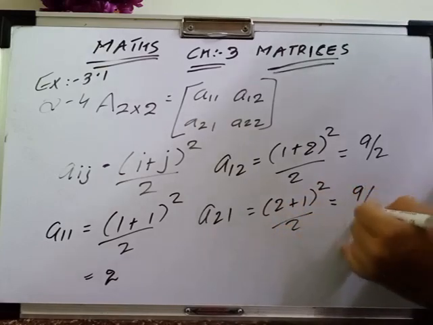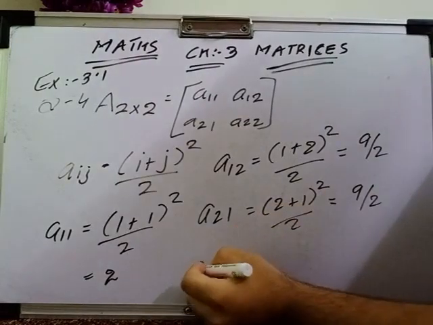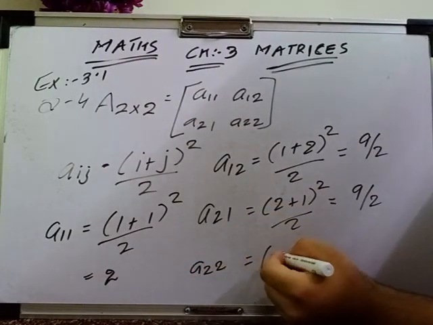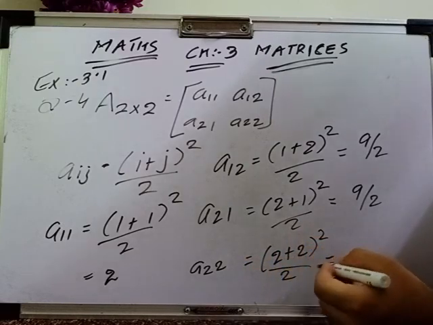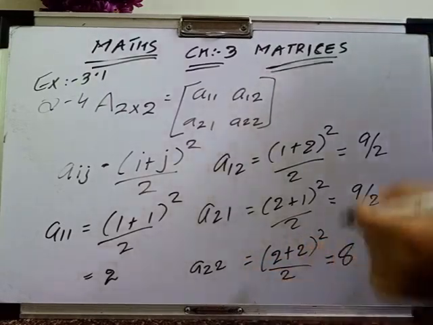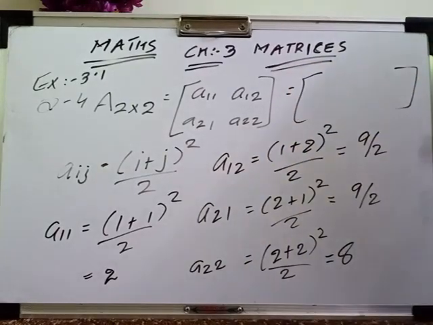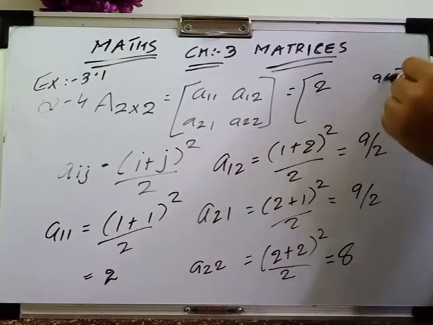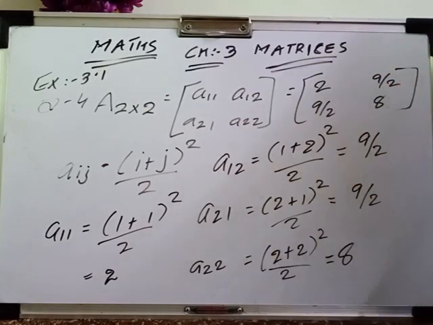I will again have 9 by 2. And A22: I will take i as 2, j as 2. So we have 2 plus 2, 4 squared, 16 by 2, 8. So the matrix form is 2, 9 by 2, 9 by 2, 8.